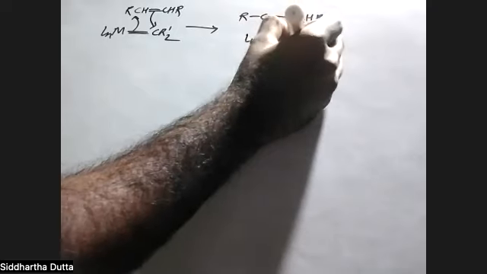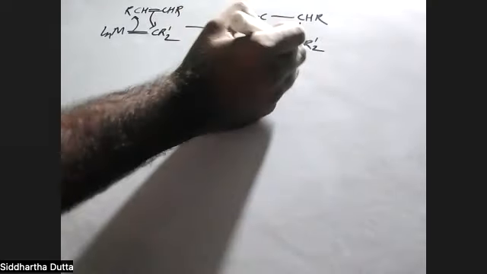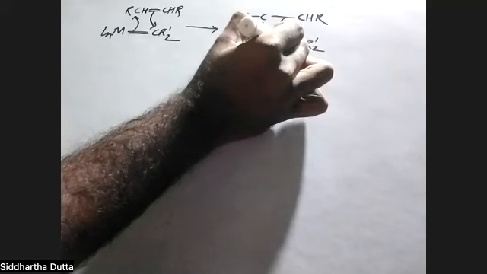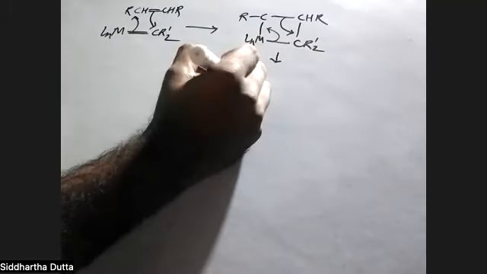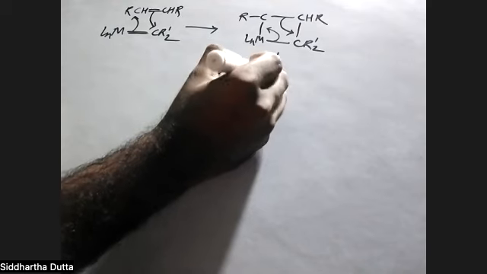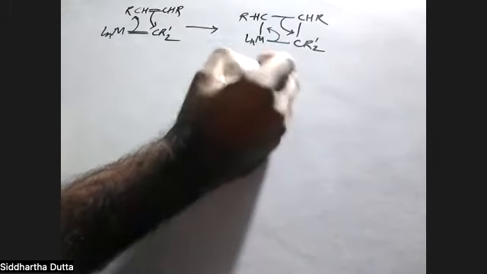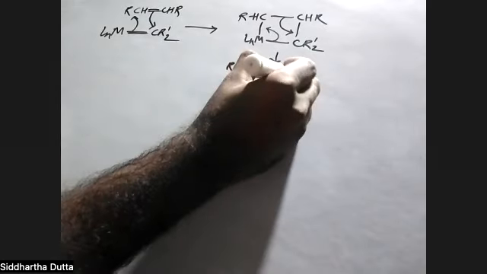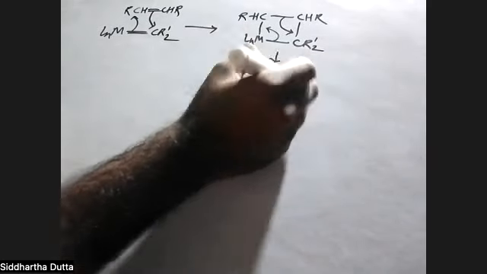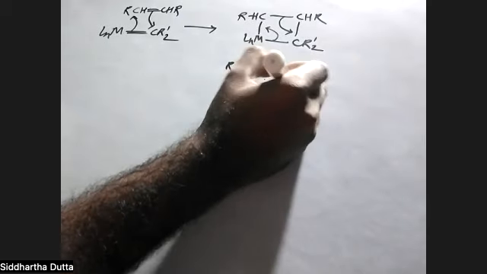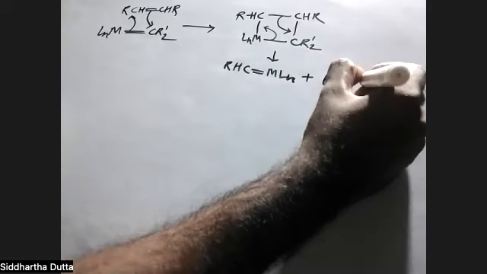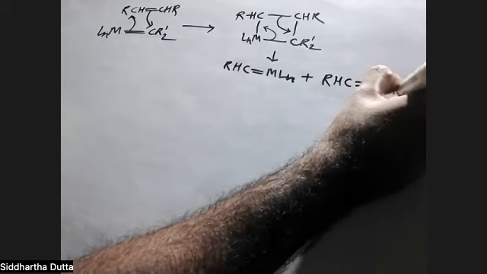So the bond between carbon and carbon now breaks and they form a new bond, C H. So here R H C double bond M Ln. Here MLn is the metal complex or Grubbs catalyst or Schrock carbene complex, and this is the newly generated carbene. This is the mechanism or example.